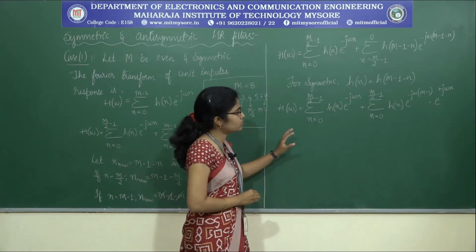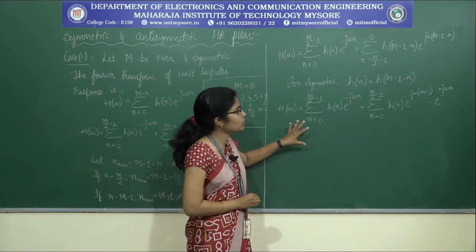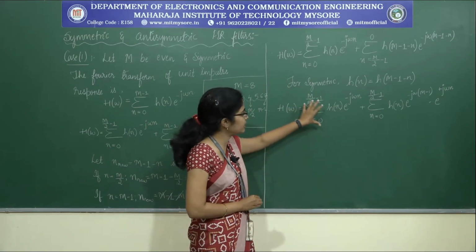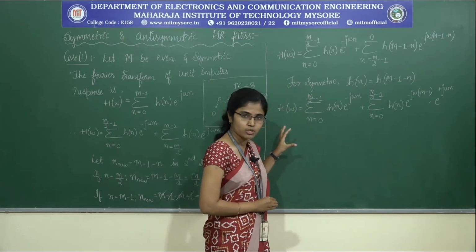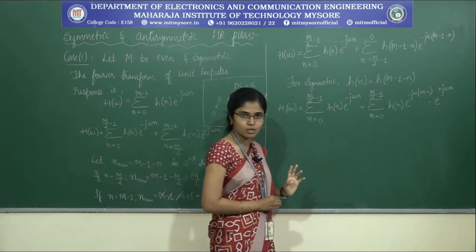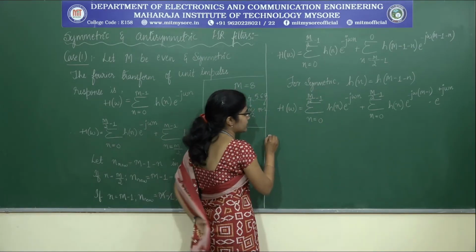Now looking at this equation, what are the common terms in both summations? I can take the summation as a common part as well as h of n. So let us take it and rewrite.